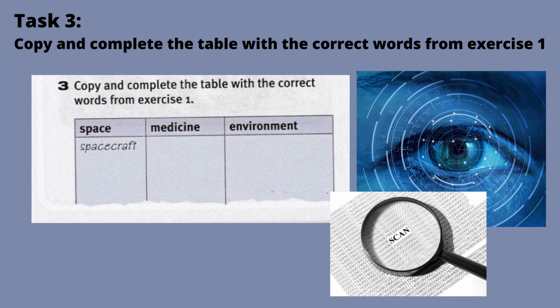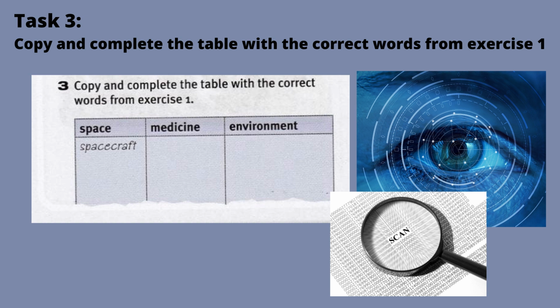Now let's look at task 3. Copy and complete the table with the correct words from exercise 1. So you have to go back to exercise 1, reading the museum guide. You have to look at the words and scan carefully. I have taught you about scanning and skimming in the previous lesson, so I want you to do the same.